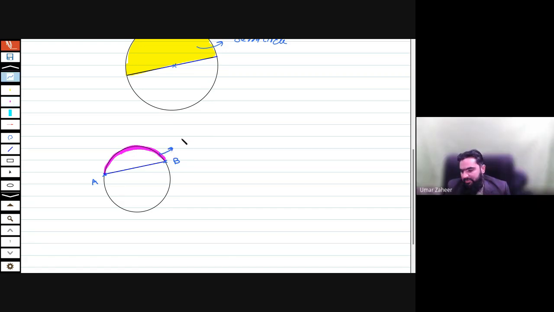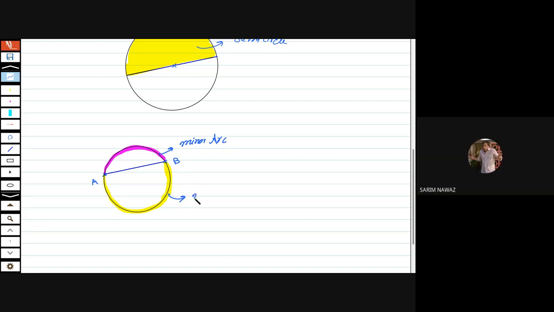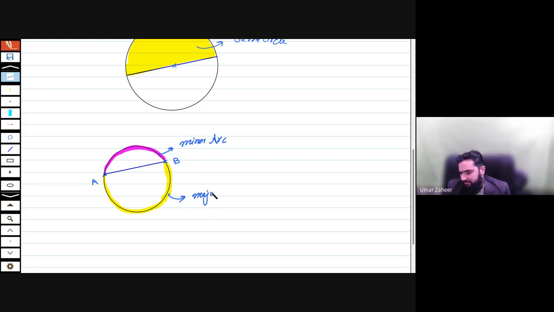It is the smaller one, so it is known as a minor arc, and the bigger arc is known as a major arc.